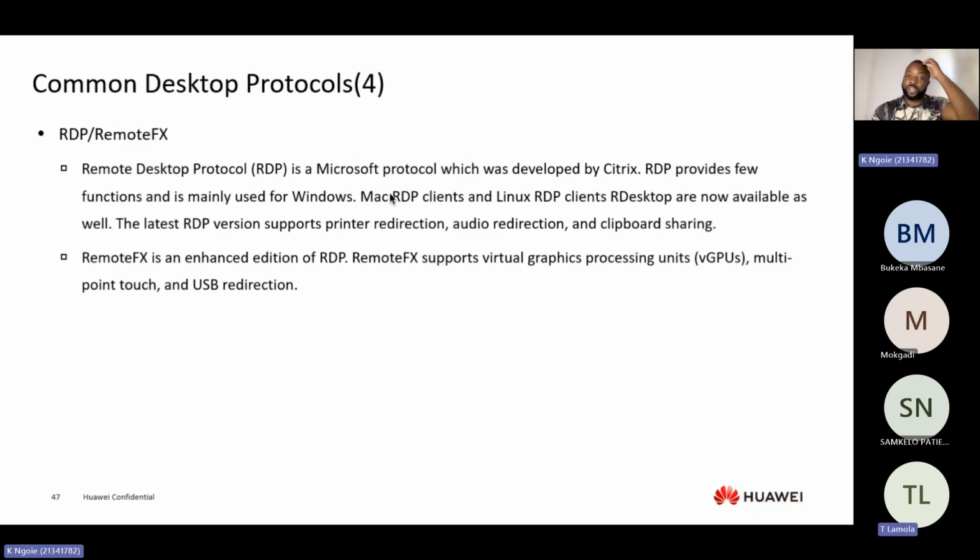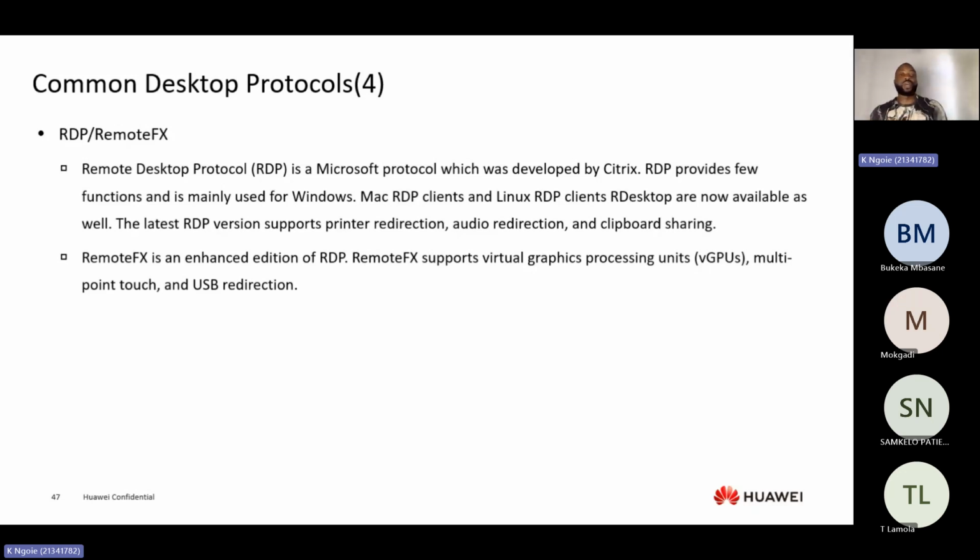This is a Microsoft protocol which is originally based on Citrix technology. It's mainly used for Windows Remote Desktop Services, but it's also compatible with other systems. We have a version for Mac OS and for Linux.